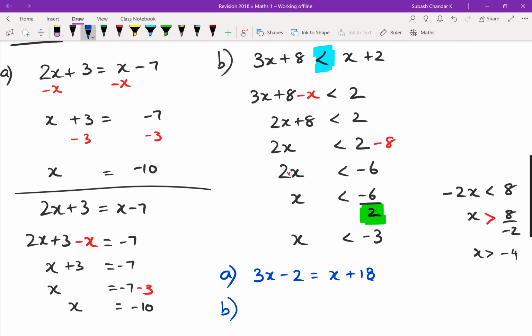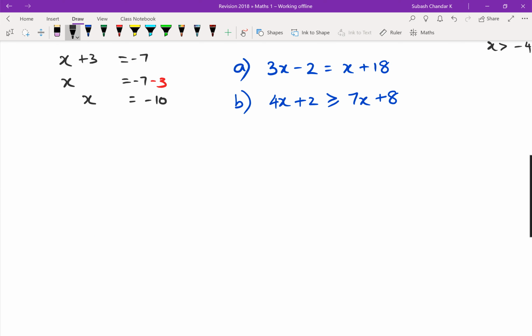And then I'm going to give you another one, which is going to look like this. So there's 2 questions there at the bottom for you guys, A and B. And I've got the working out there as well. So have a go, see whether you can actually get the answers.